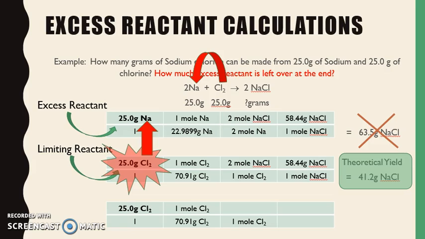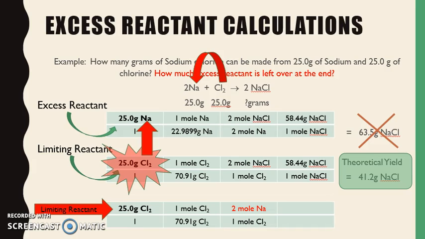So we can almost copy down half of the previous stoichiometry problem that we did, starting with our limiting reactant, our 25 grams of Cl2, and convert it into moles. And again, the moles of Cl2 can drip down to the bottom. What I want to replace it with this time, however, is moles of Na. And don't forget where those numbers are coming from.